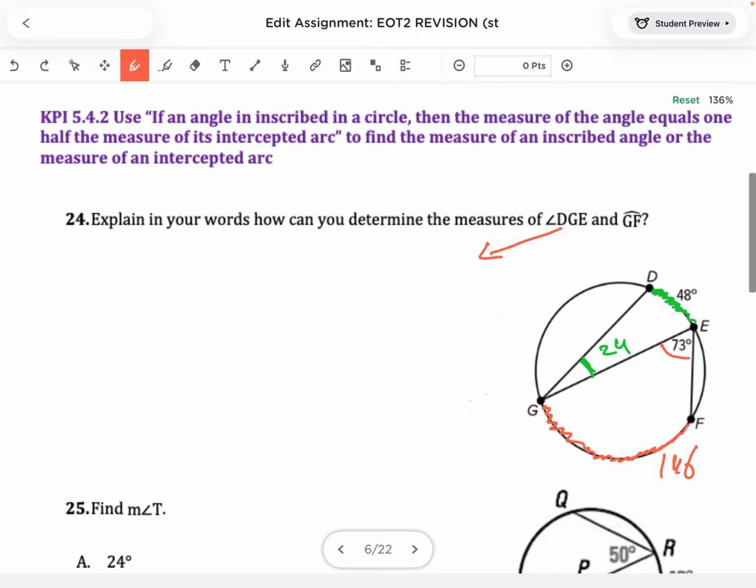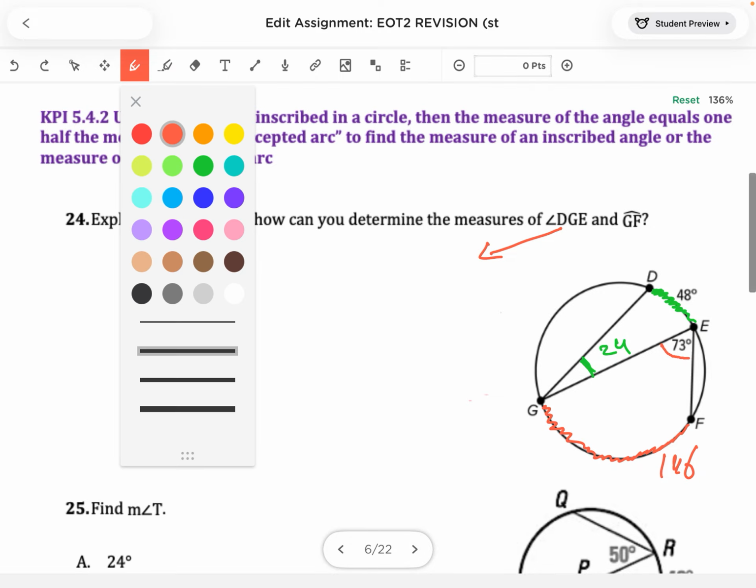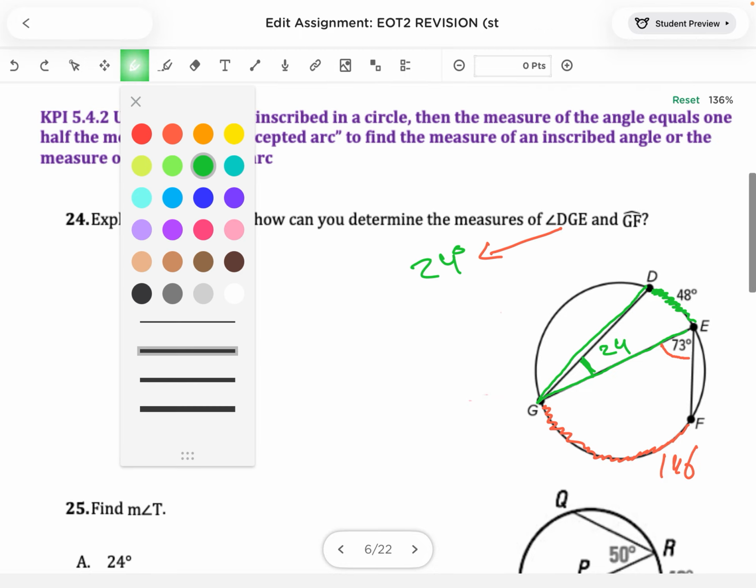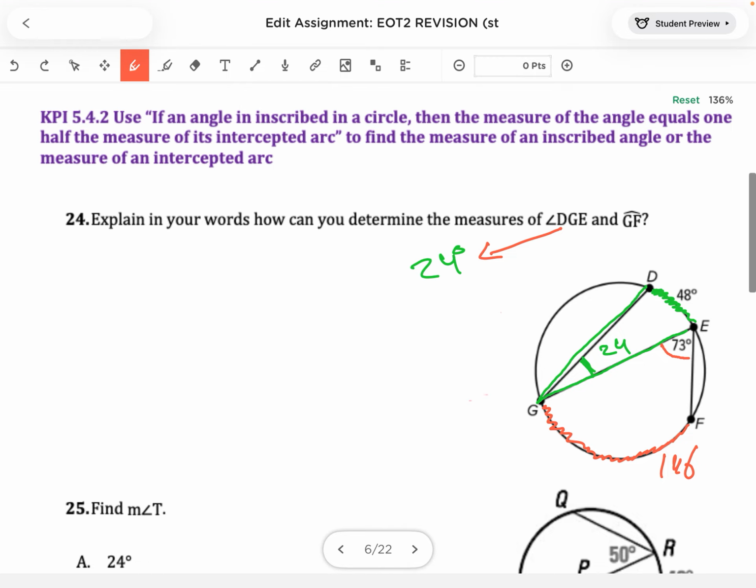So the angle DGE, let's put it in green, is 24 degrees. The arc FG is 146 degrees. That's it.